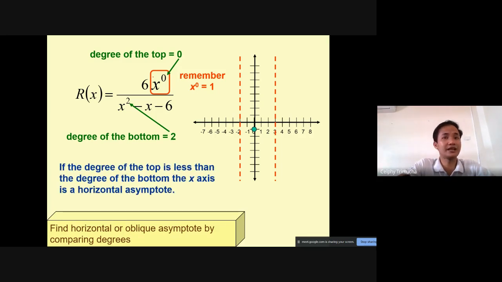If the degree of the top is less than the degree of the denominator, the x-axis is the horizontal asymptote. So if the degree of the denominator is higher than the numerator, our horizontal asymptote is the x-axis.